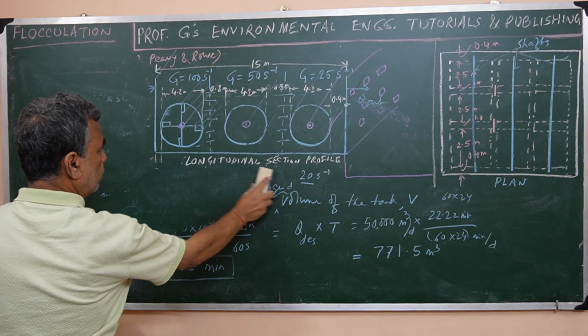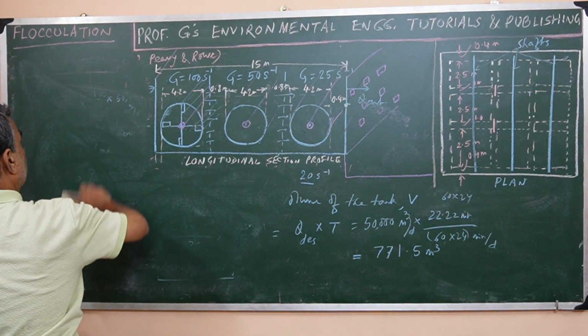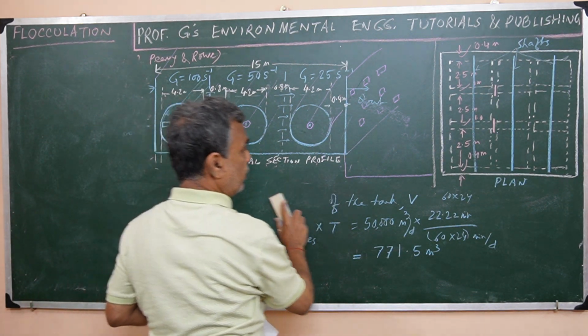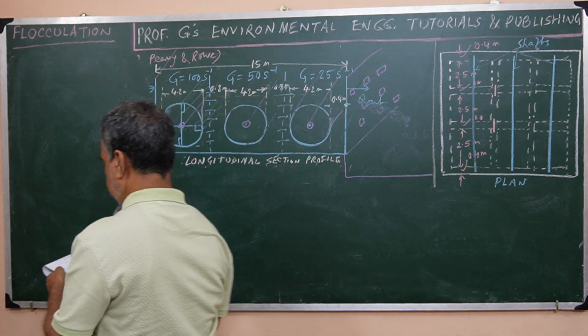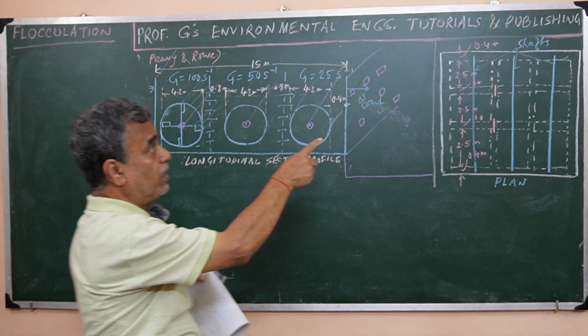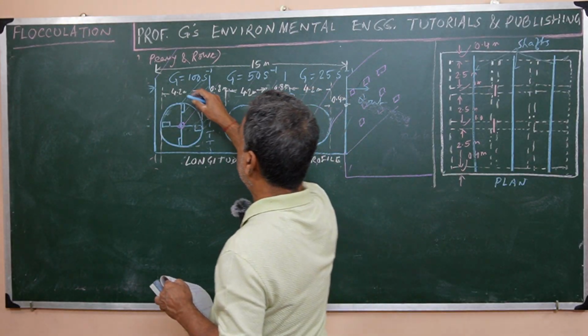I think you have understood this. If there is any doubt or clarification needed in understanding this, then you can get back. We can discuss this further later. So you can see it is a square kind of.